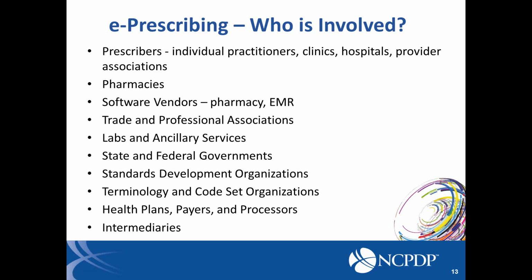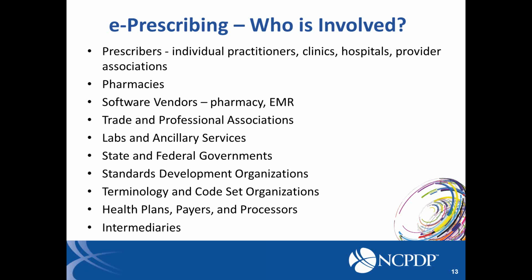Terminology and code set organizations. These are the organizations such as RxNorm or SNOMED that define the coding nomenclatures, say for drugs or for allergies. So just the various ways of coding some of the information that goes in these records.